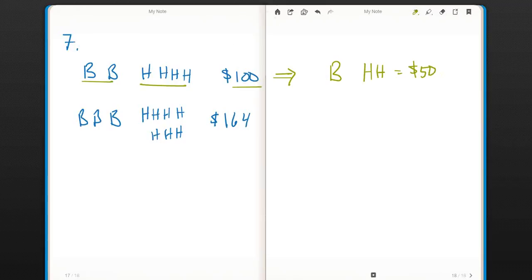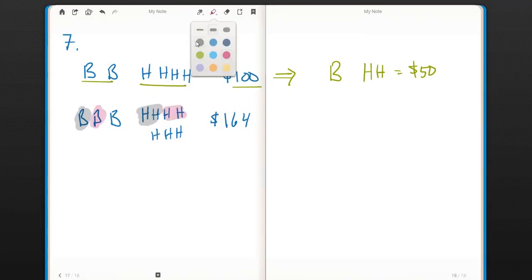If you make that leap, then I can go to the next problem and say, well, there's a bag and 2 hats, and here's a bag and 2 hats, and here's a bag and 2 hats. And each of those groups cost $50.